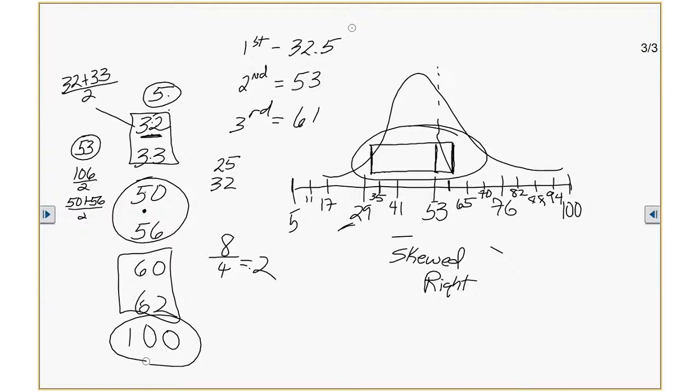Okay, now, what's between 5 and 53? In other words, subtract it. 53 minus 5 is 48. Half of 48 is 24. 24 plus 5 is 29.